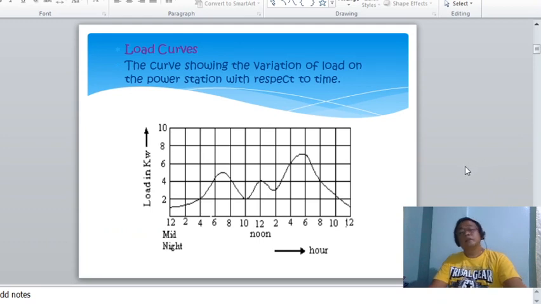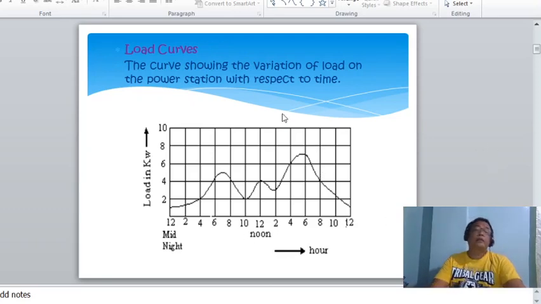Okay, but before that, let us first consider the load curves. In this load curve, this shows the variation of load on the power station with respect to time.